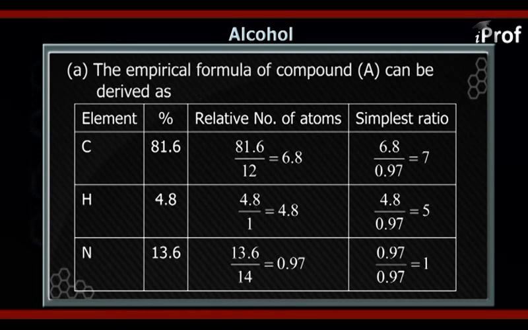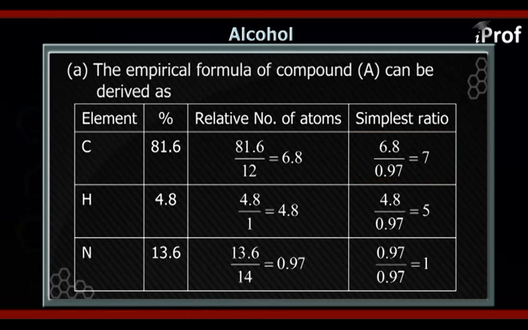So if you divide the relative number of atoms of carbon, that is 6.8, by 0.97, which is of nitrogen, that is N, then the figure you get is basically 7. So when 6.8 is divided by 0.97, the number we get is 7.